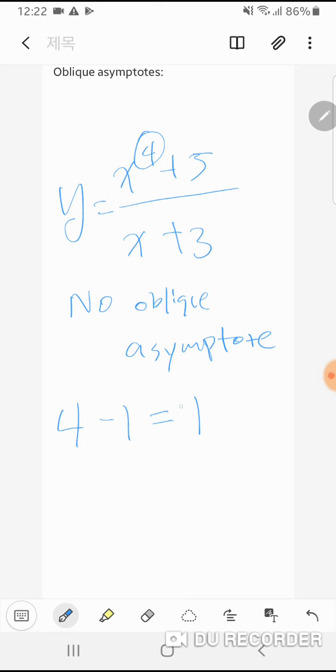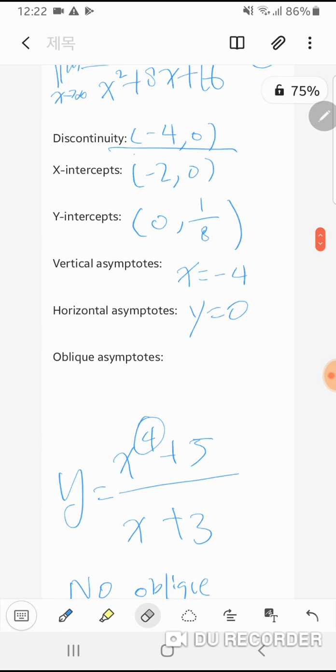It should be 1 if we actually had an oblique asymptote, but 4 minus 1 is 3, so that doesn't equal 1. So we don't have an oblique asymptote here, so we can say it does not exist.